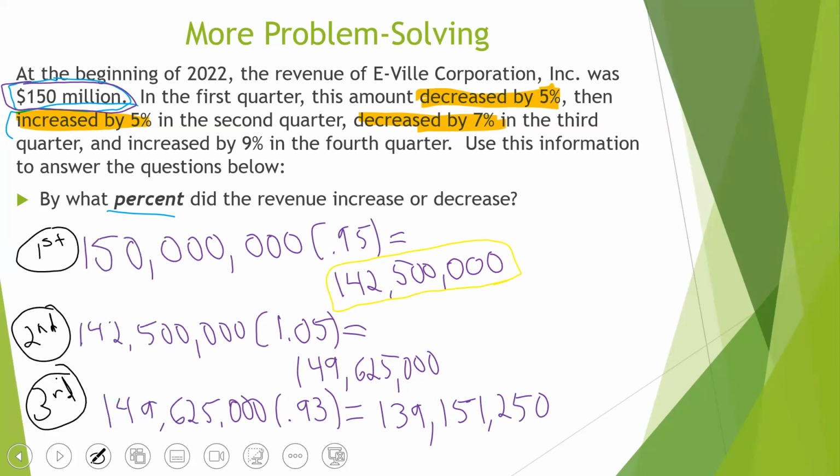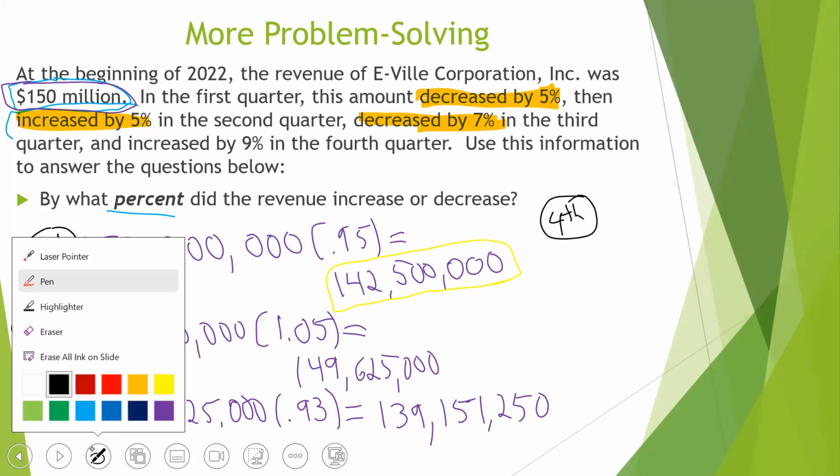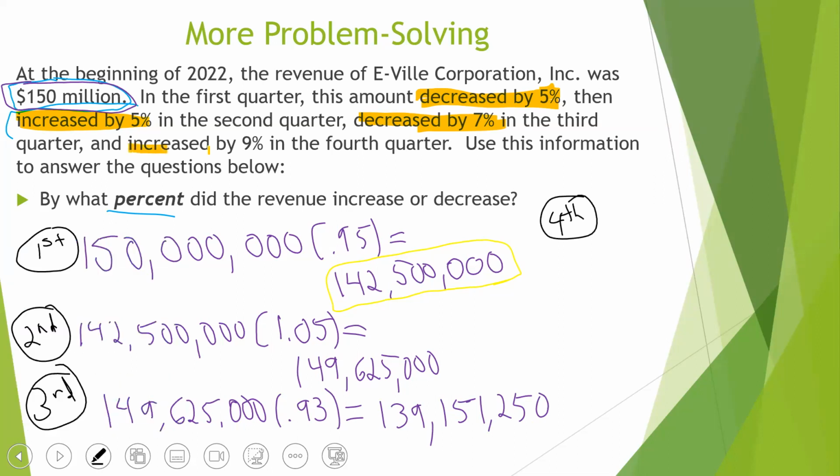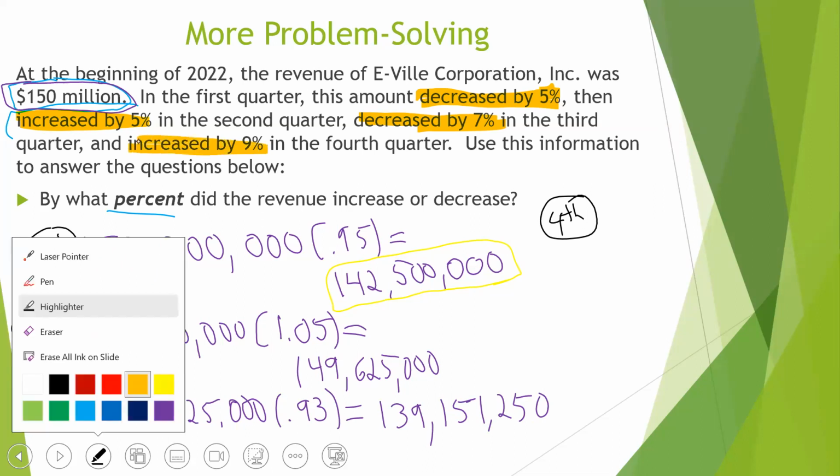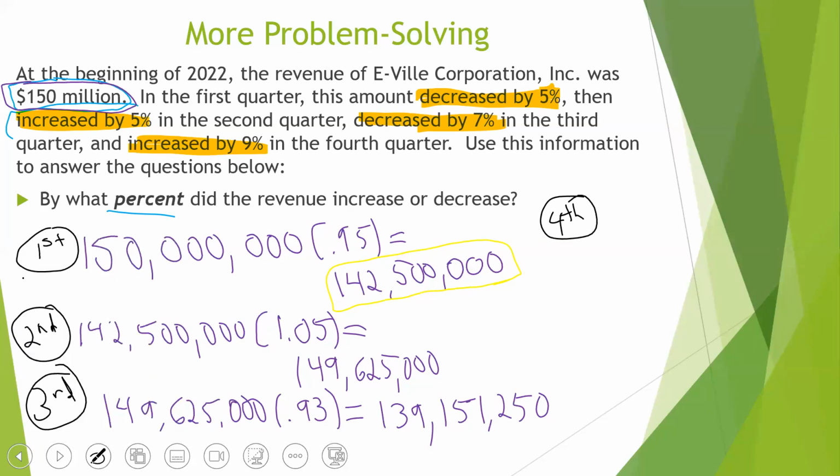And then we go ahead and find the amount at the end of the fourth quarter now. Okay, which again, this tells us that it increases by 9%, which means that that new starting amount there, the 139,151,250, is increasing by 9%. So it's going from 100% to 109%, which as a decimal is 1.09.